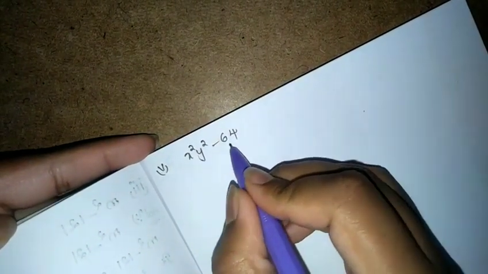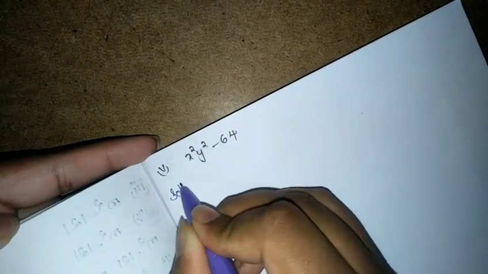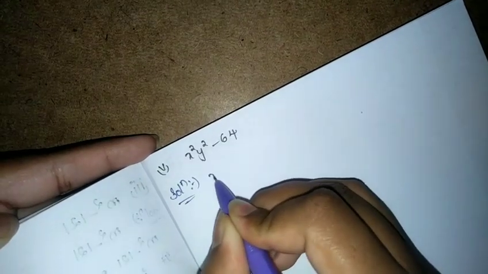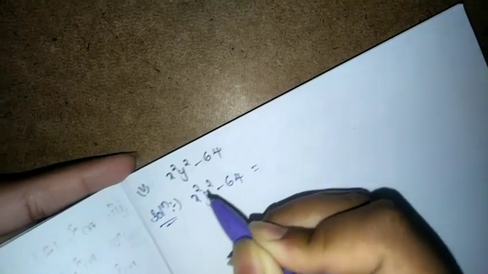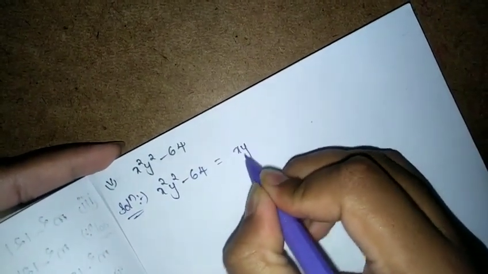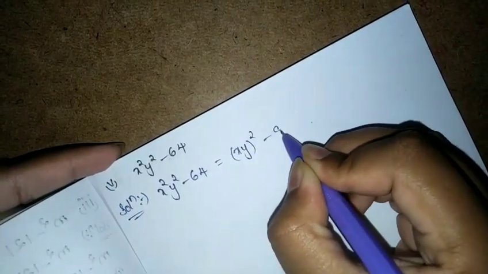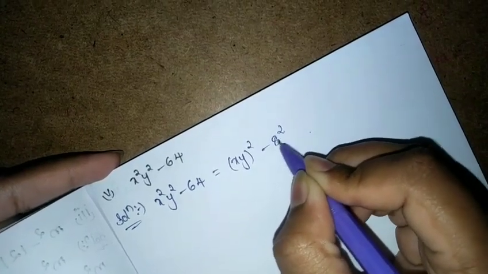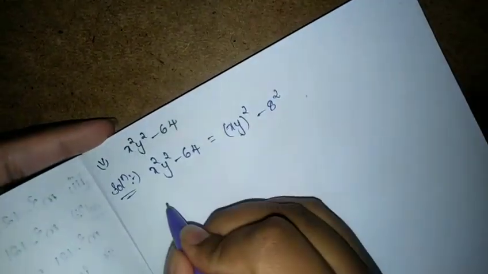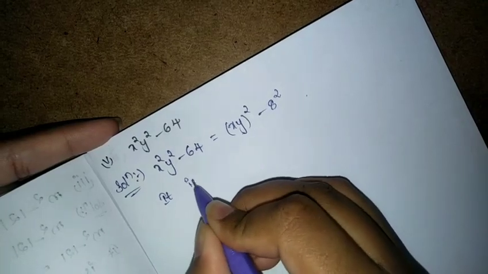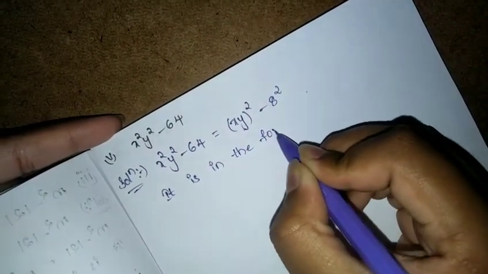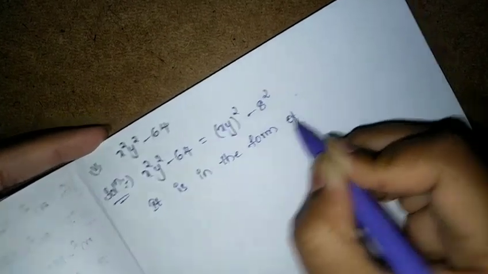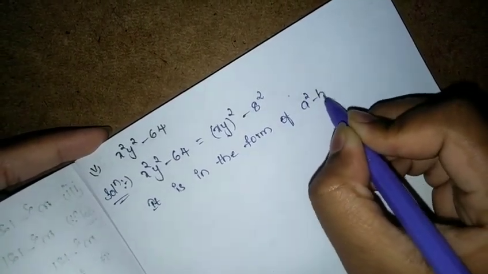So next problem is fifth one, x square y square minus 64. Solution for this is x square y square minus 64. We can write it as (xy) whole square minus 8 square, as 8 square is 64. So it is in the form of a square minus b square.